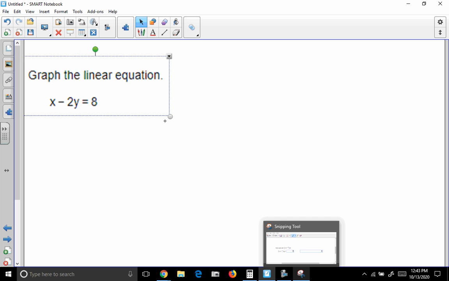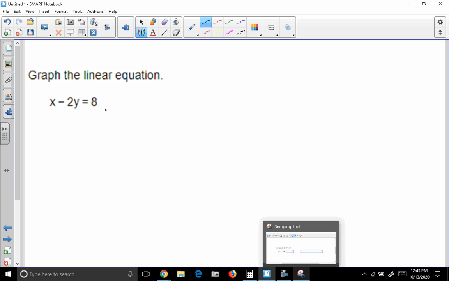Okay, so let's graph this one. Now, we can leave it in this format, and we can graph it just like it is, or we can get one of the variables by itself. And it really doesn't matter which variable we get by itself. So we could get x by itself.